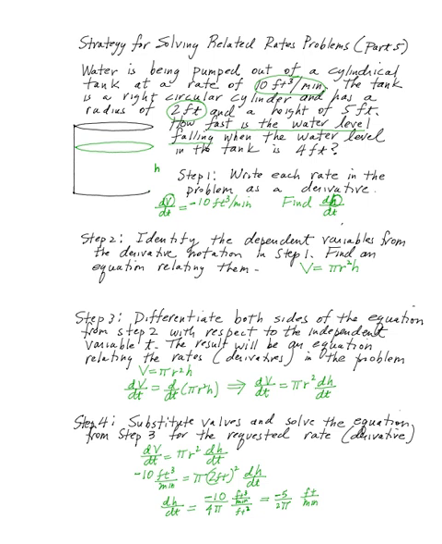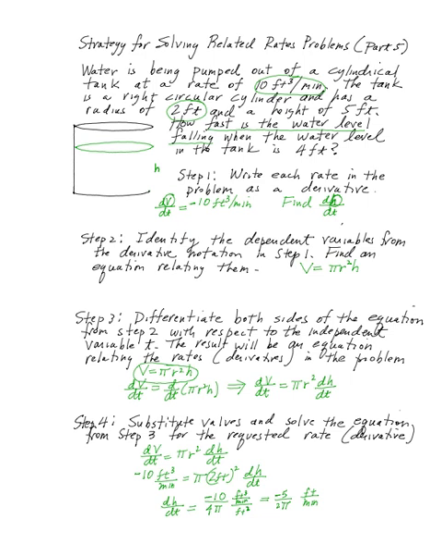Now, one thing about this problem, going back to volume equal pi r squared times h. When I took derivatives of both sides, what if I had used product rule here? Okay, this is going to make this a little messy, but I'm going to write this anyway.